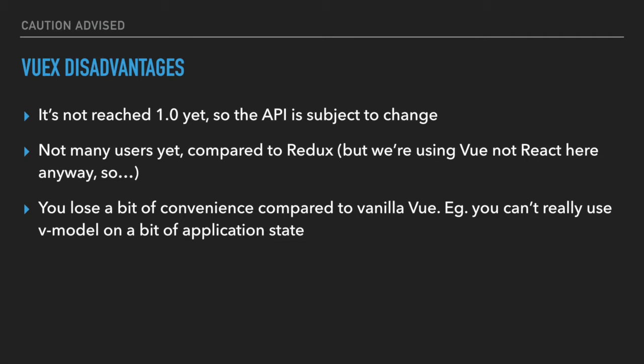You can do it, but then it breaks your model completely. One thing about Vuex is that there is a Vuex.strict configuration option that you can use in development that will throw, I think, or at least give you an error message when you try to mutate the state outside of a mutator function to give you a bit of help, but you have to turn that off in production.